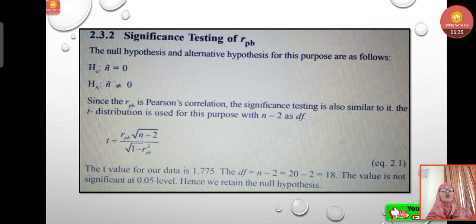So the t-test formula is given here. The t value for our data is 1.775. The degrees of freedom is equal to n-2, that is number of subjects minus 2, that is 20 minus 2 equal to 18. Now the value is not significant at 0.05 level, hence we retain the null hypothesis.